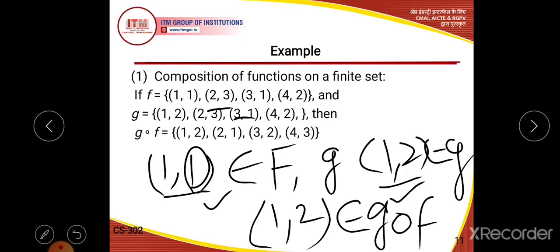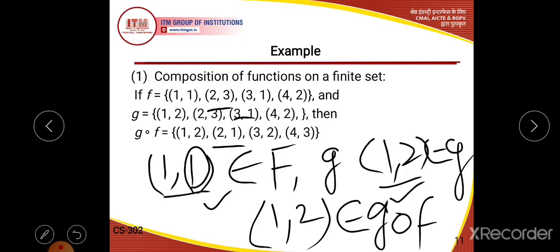So we get (3,1) in G, and after composition of (2,3) and (3,1), we get (2,1). This is the second ordered pair of g∘f. And the process is the same for the others too.